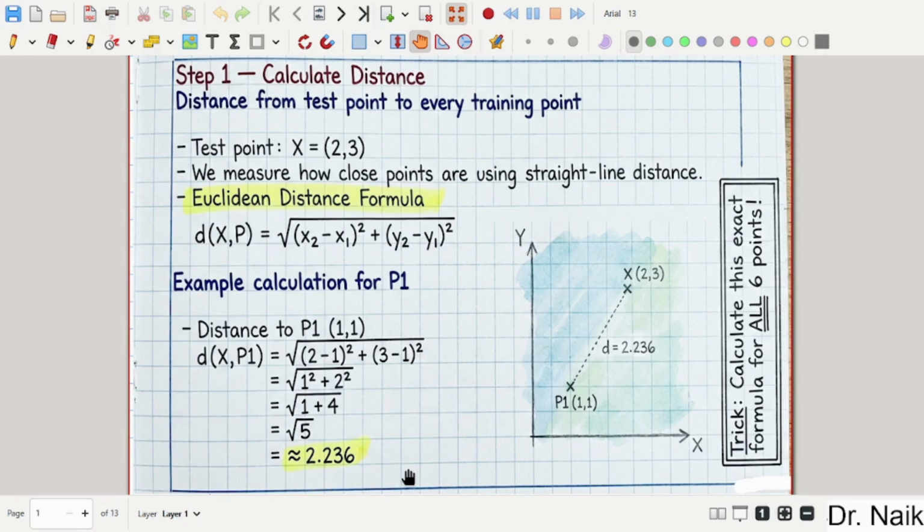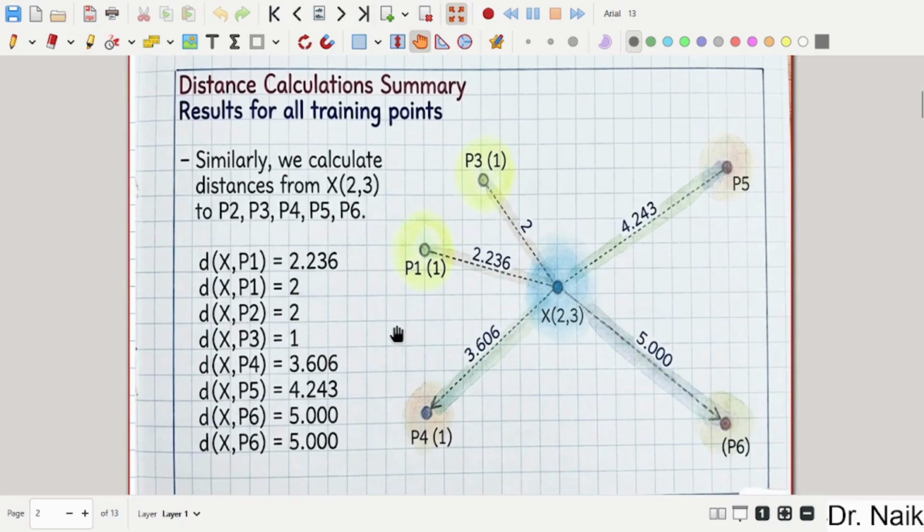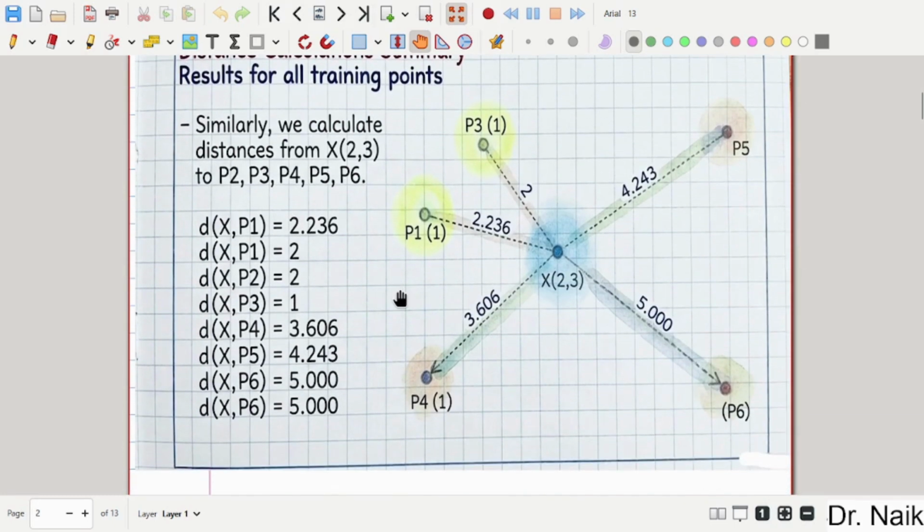We will calculate the same way to find the distance between the test point and all the 6 training points. So after calculations, we find the distance between the test point and the training point p1 is 2.236.